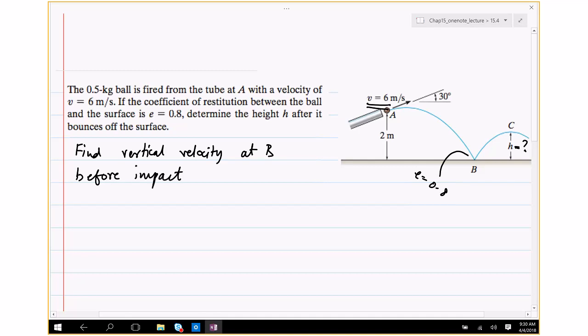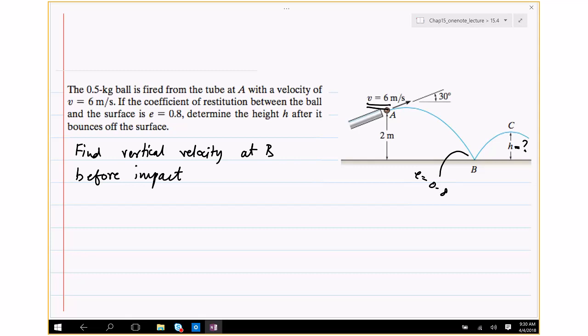Okay, so how can I do that? I can use the equations for a projectile, clearly. I know that the height from A to B is 2. Since I know the height and I know the velocity, I can use the relation between velocity and height.